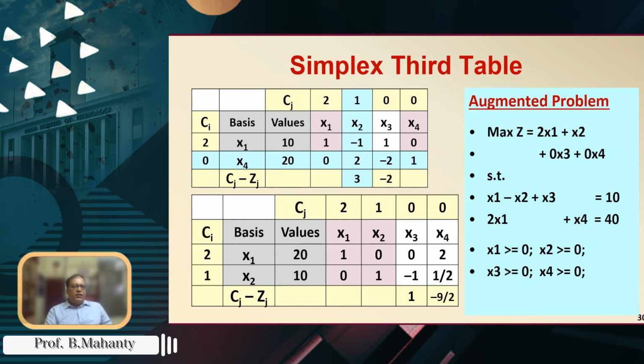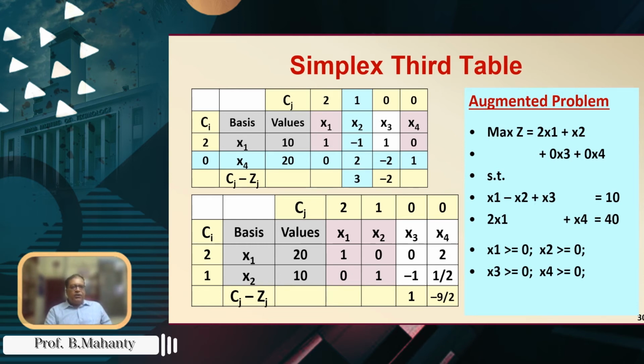And this 1 would be 1 minus 2 into 1 by 2, so it becomes 0. And this 0 would become, I think this may not be 2, but some other value: 1 into minus, it will be half actually. So therefore, we get this particular table.